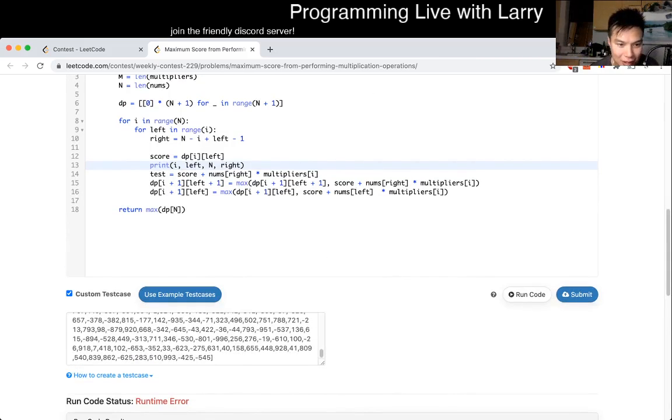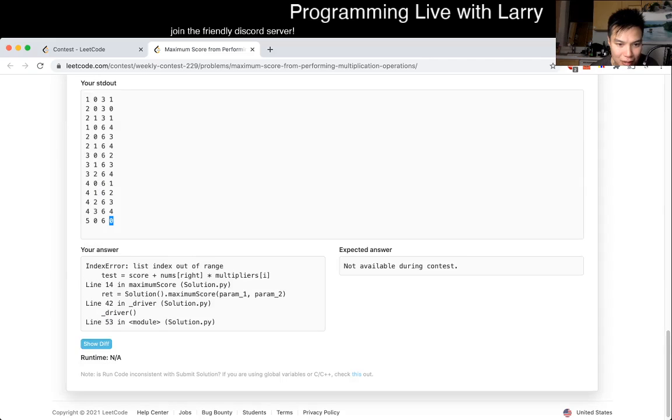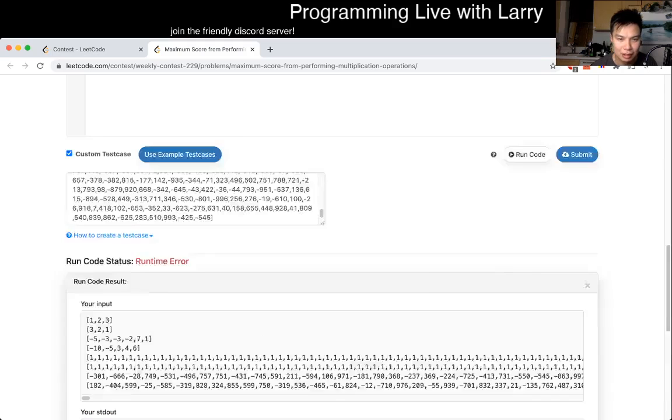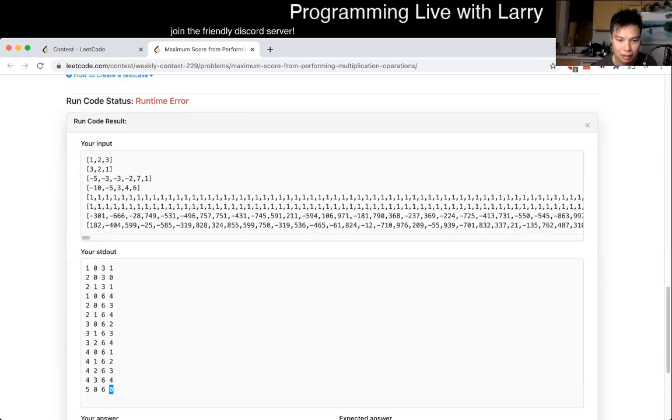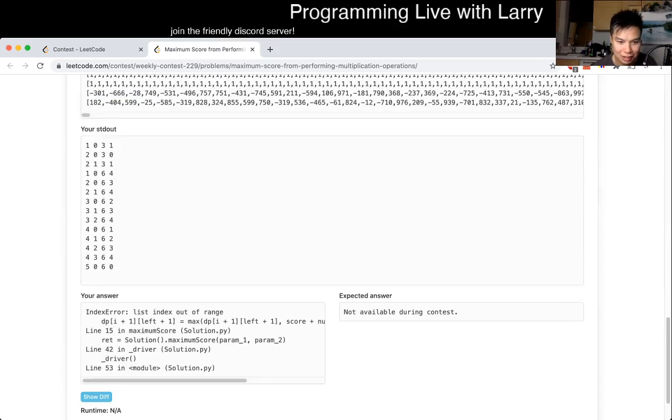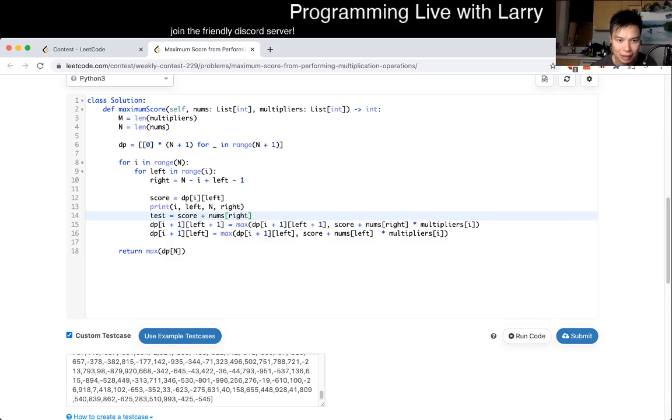Why is this giving a runtime error? This index out. But why is it 0? I don't even know. So it's multiplier sub i. Oh, this is m. I am Dumbo. I am Dumbo.